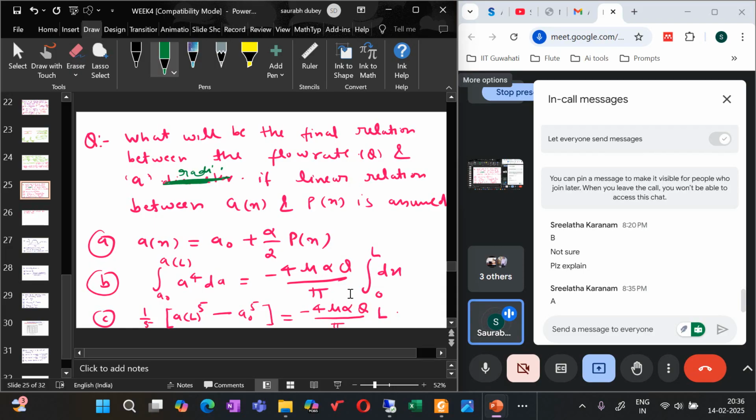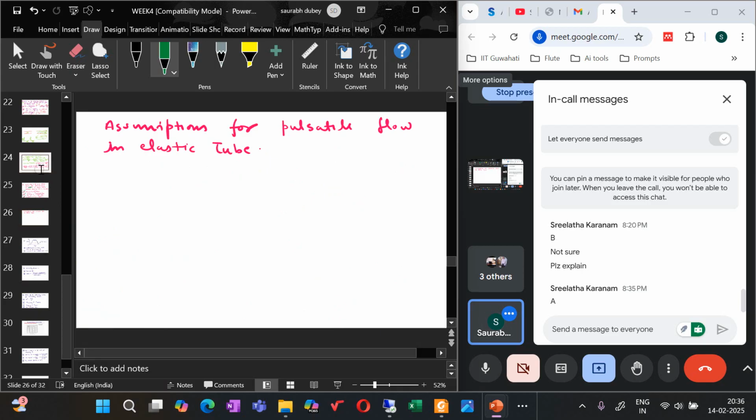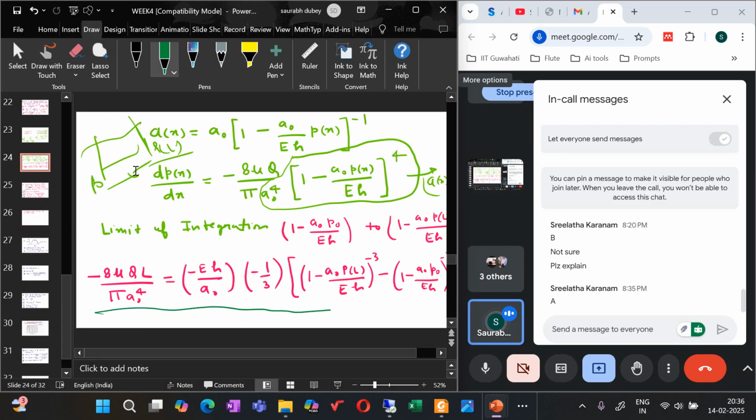In this one also all the options are correct. This was the last question where we were discussing this derivation, solved in the limit when this relation is linear.